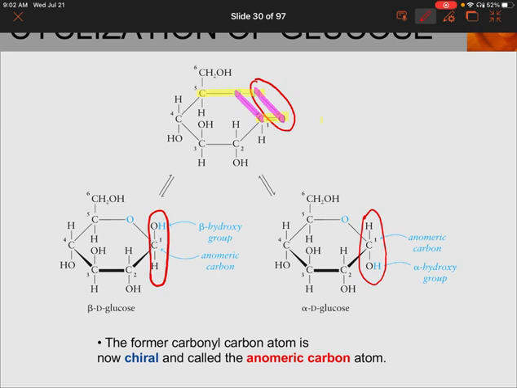So we're going to call this an anomeric carbon. So carbon 1 here, which is right next to that oxygen in the ring, that is our anomeric carbon. And we'll talk a little bit more about that in a bit. So the former carbonyl carbon is now chiral and is called the anomeric carbon.